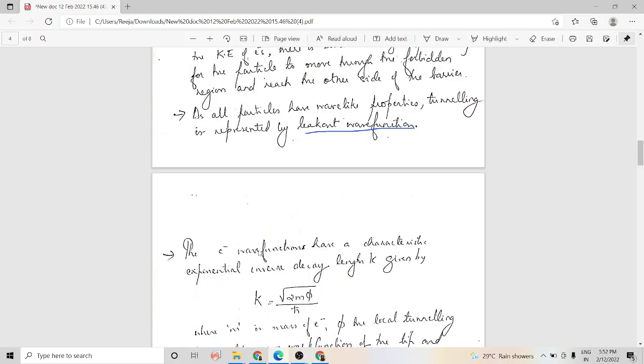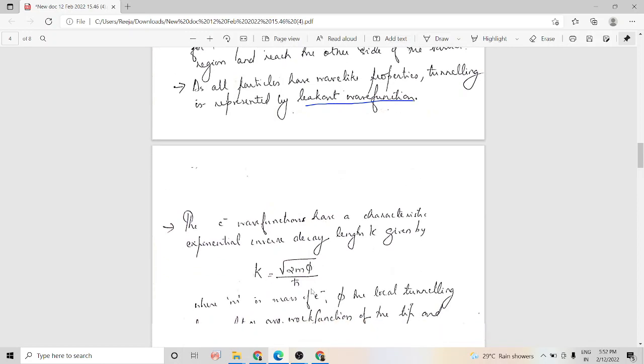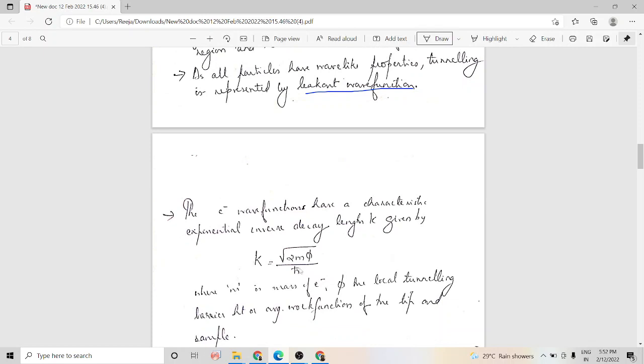The wave function psi of the tunneling electron has a term k in it, the inverse decay length, given by k equal to root of 2mφ by ħ, where m is the mass of the electron and φ is the tunneling barrier height, the potential energy encountered by the electron which it has to cross. φ is the local tunneling barrier height, or the average work function of the tip and the sample, that is the energy needed to cross over from the tip to the sample.